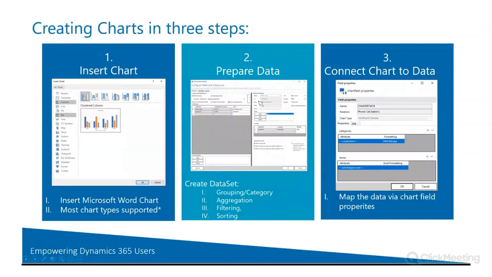And then once we've got that prepared, we take the two and connect the chart to the data. Basically, we are just mapping the data to the chart via the chart field properties. So it's a really easy process to put this all together.